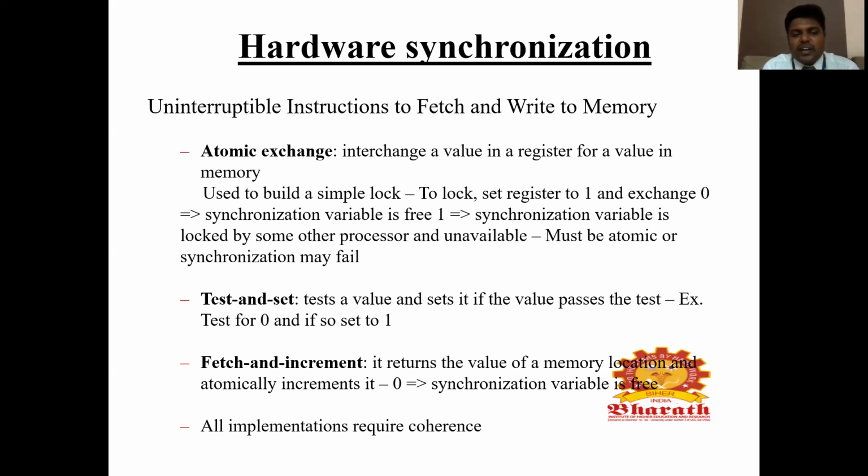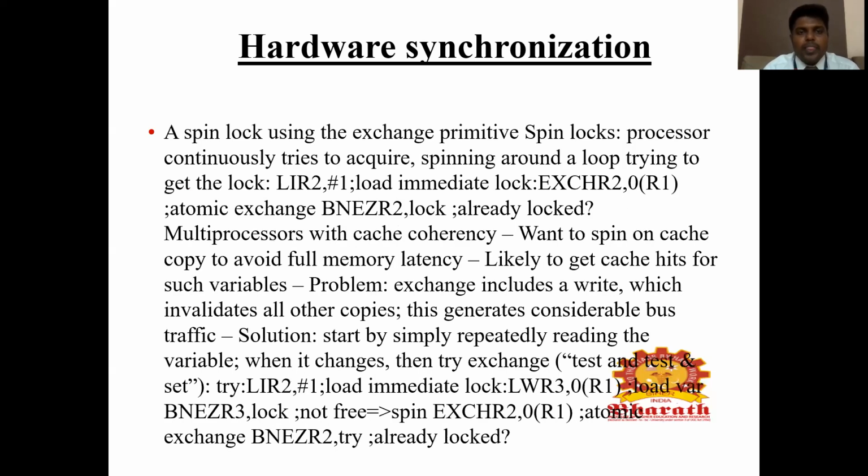So this is another mechanism. And finally, fetch and increment. It returns the value of a memory location and automatically increments it. If 0, the synchronization variable is free. All implementations require coherence.